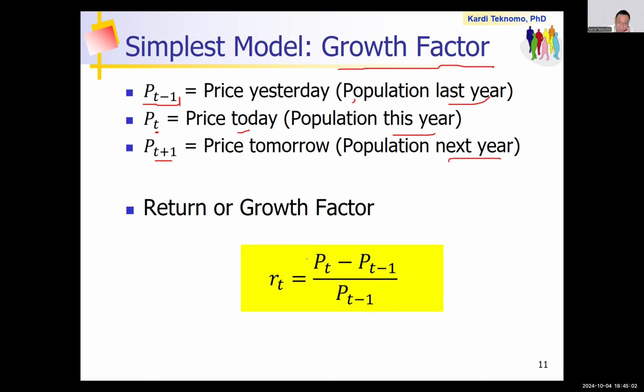Okay, so the formula is rather simple. We call this return. The return at time T, today, is the same as the price today minus the price yesterday, divided by the price yesterday. Likewise, the return today is the population this year minus the population last year, divided by the population last year.